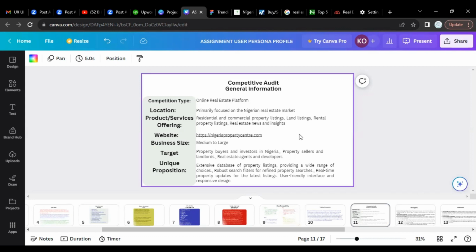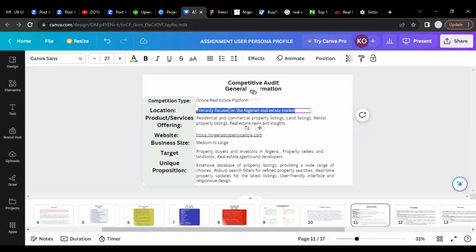Just a second, let me make something clear. Location means where it is actually located. Their primary focus on the Nigerian real estate market is their targeted audience, but here, location means where its headquarters or office is, where they are operating the overall business from.